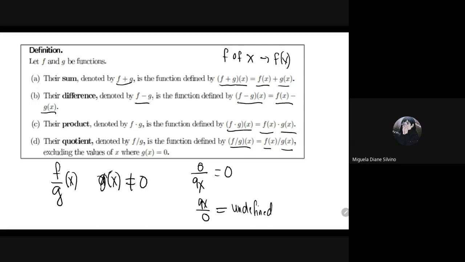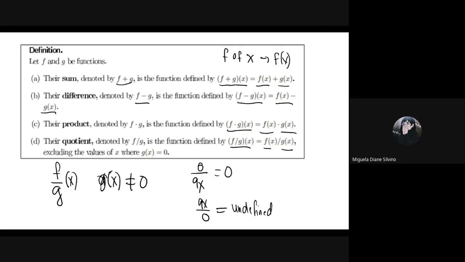Any number divided by 0 is undefined except 0 divided by 0 because that is not undefined. So when you input any number divided by 0 in your calculator, ang sasabihin sa iyo ng calculator ay syntax error because that is not permitted mathematically ang pagdi-divide ng 0.